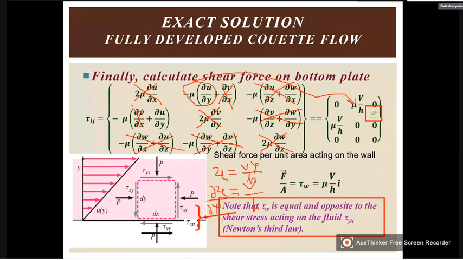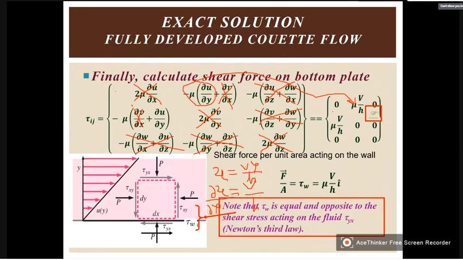See, here I have written. Note that tau W is equal and opposite to the shear stress acting on the fluid. So therefore, the shear stress will be mu V by H. So that is the shear force per unit area.